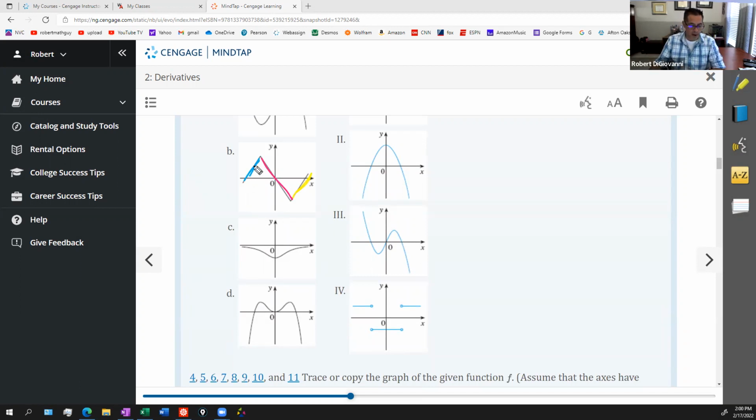So this should be positive number right here, and it should always stay that same number, and then switch to a negative number and always be that negative number, and then back to a positive number. Well, that's this, right? It's positive, then switch to negative, then back up to positive. So this matches with this. And you do that for all of these. Make sense?